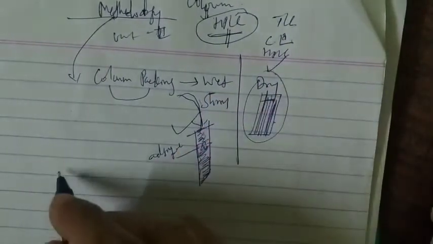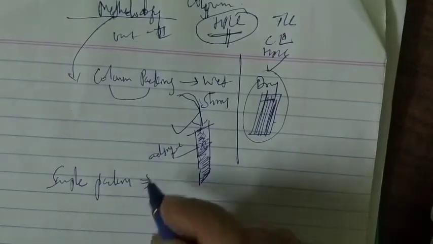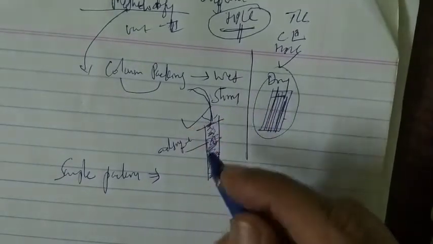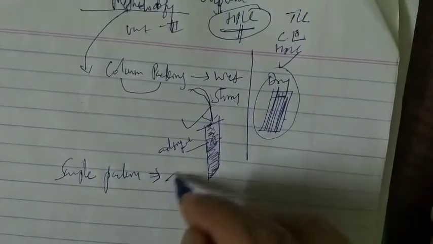Now coming to the next methodology, that is sample packing, the packing of the sample. Again there are two types of packing, and it should be uniform.